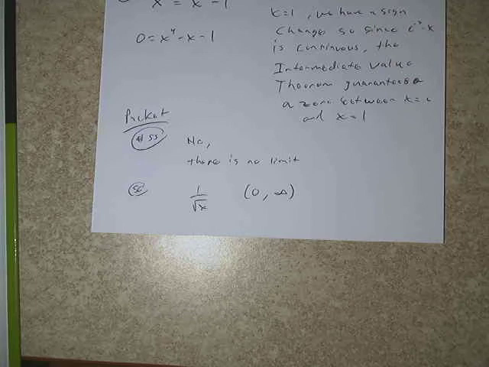Anything else from the packet problems? On 56, it says, on which of the following intervals is 1 over radical x not continuous? So 1 over radical x, we can see that we're going to have a discontinuity here.